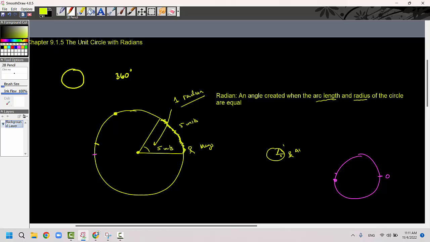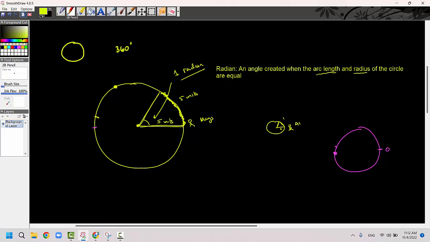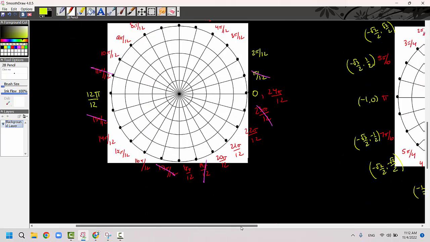When you have radians, which are inherent to radius and arc length being the same, that allows you to figure out how fast a wheel might be spinning and how much distance it's covering, for example. Anytime you're dealing with a problem that deals with angular to linear motion, radians is going to be how you proceed with that problem. So that is the advantage to learning radians.